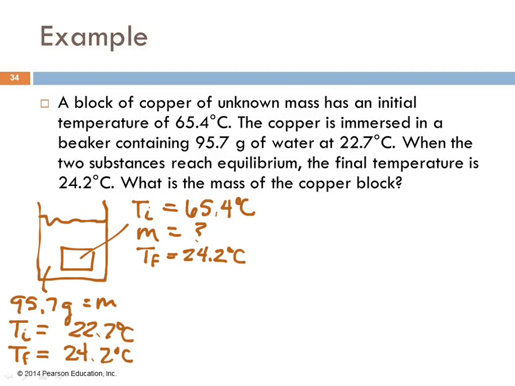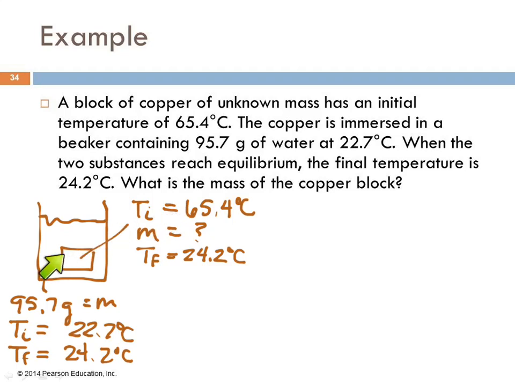We're going to do a fair number of problems like this. And you could learn the equation and how to plug numbers in, and you might be successful doing that. I think a much better strategy is to be able to think about what's happening. So we've got this block of copper metal. It's hot, 65 degrees.